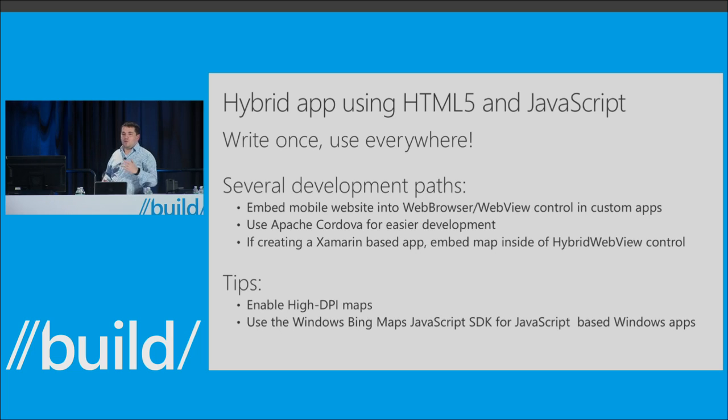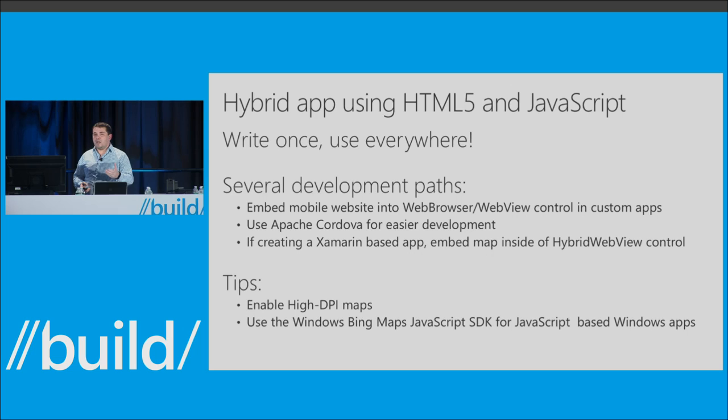A couple tips when you do use the HTML5 JavaScript controls for Bing Maps, especially when you're targeting cross-platform, is to enable high DPI functionality inside the map. So there's a one-line piece of code where you say use the high DPI maps. That way, when you're using a mobile screen which has high pixel density, you get the higher quality maps that have bigger labels, so they're easier to read. Otherwise, you end up with small labels and you can't really see them that well.